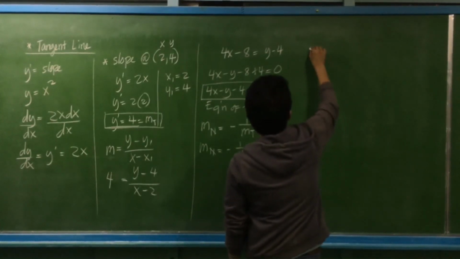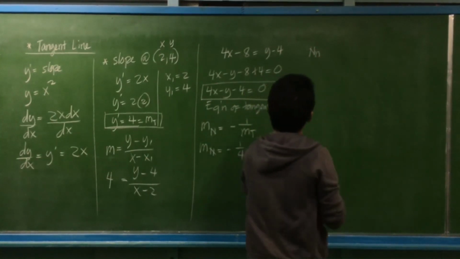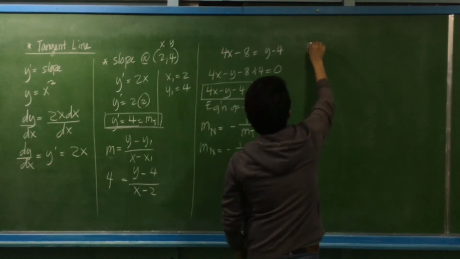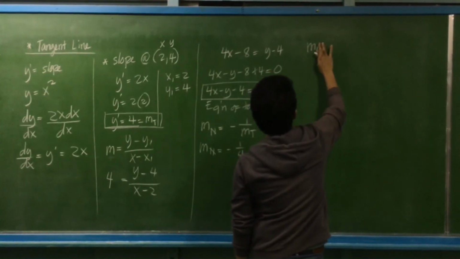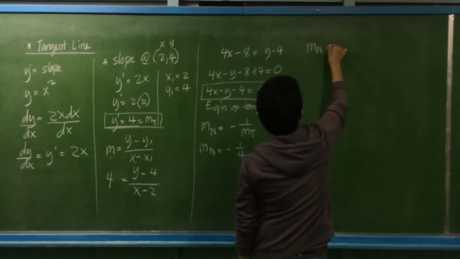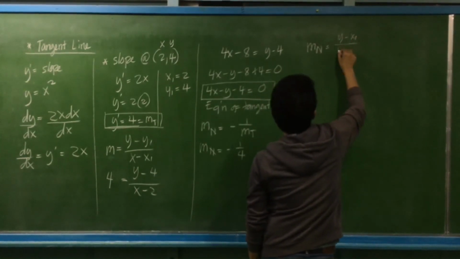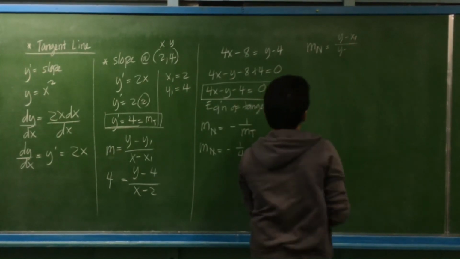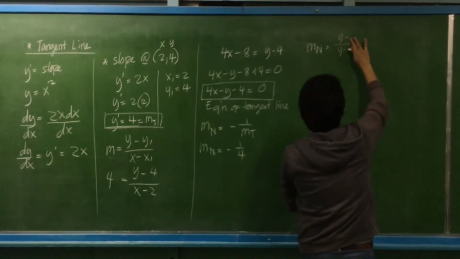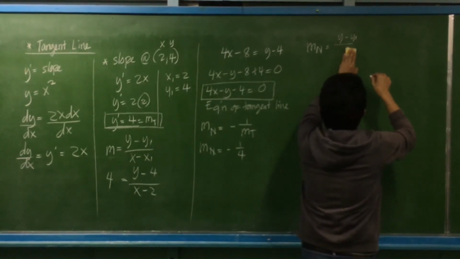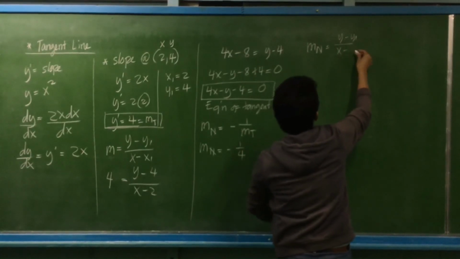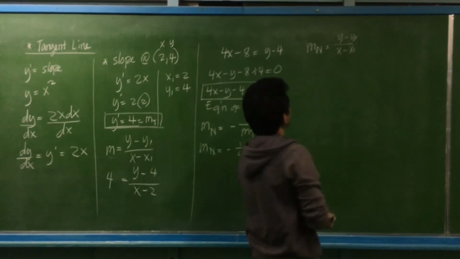So we have m sub n is equal to y minus y sub 1, divided by x minus x sub 1.